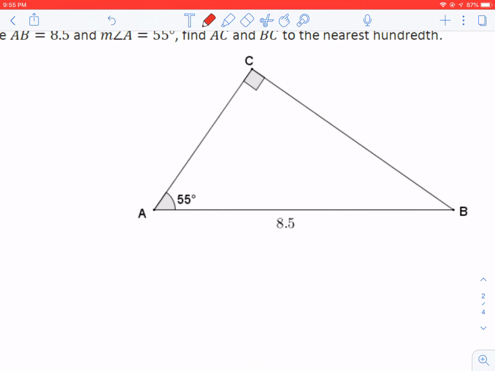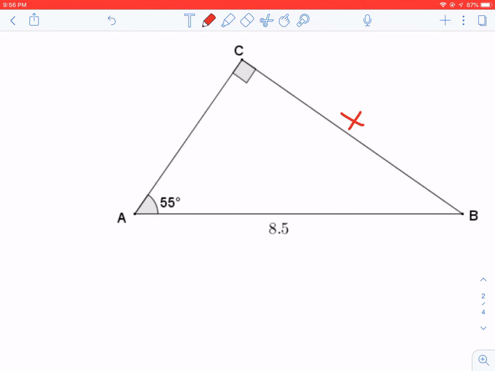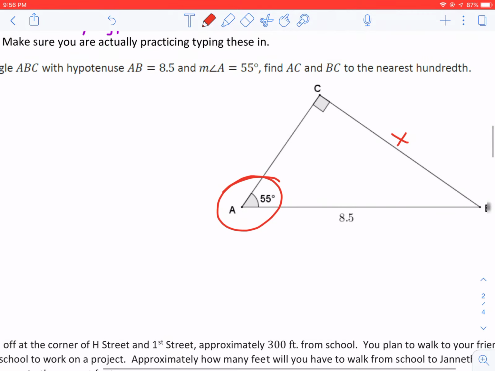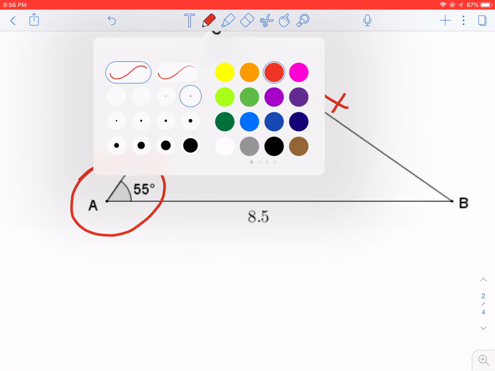So let's say I'm looking for BC first. I'm going to call that x. This is a right triangle, so I can use trig. We have this angle. We also have angle B, by the way. We can solve for that. But using angle A, what sides do I have in relation to angle A?